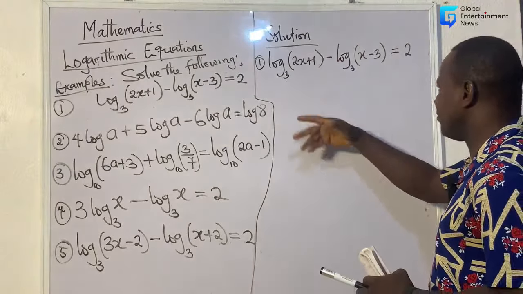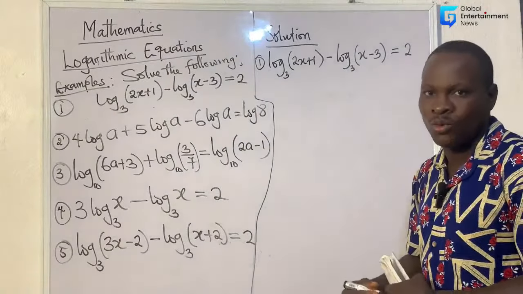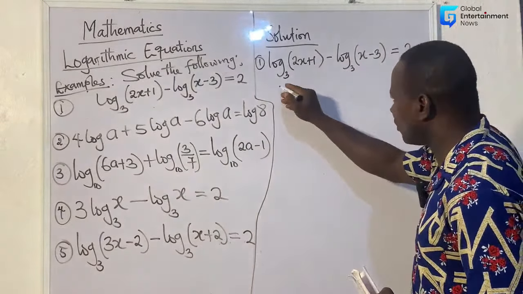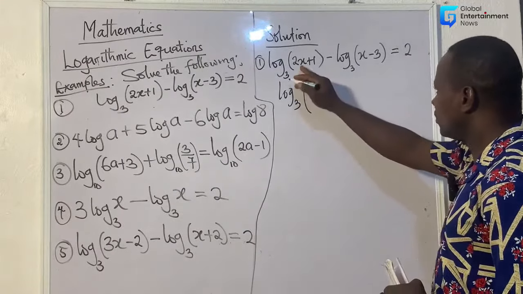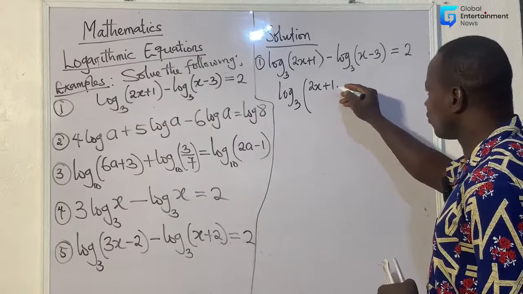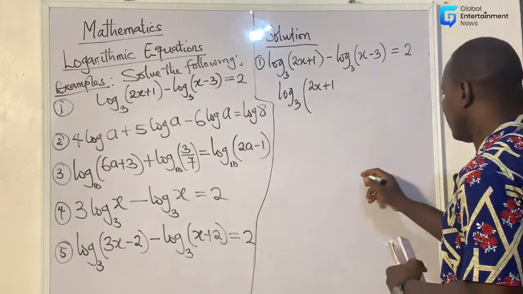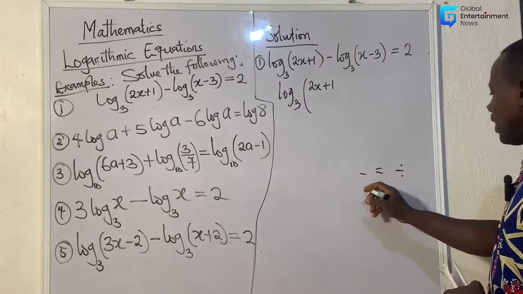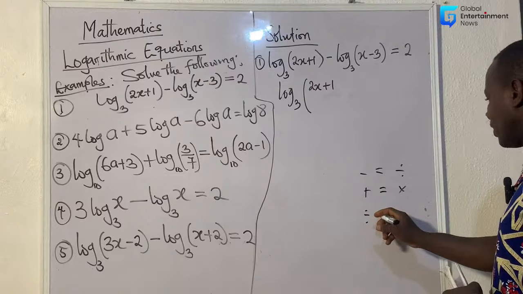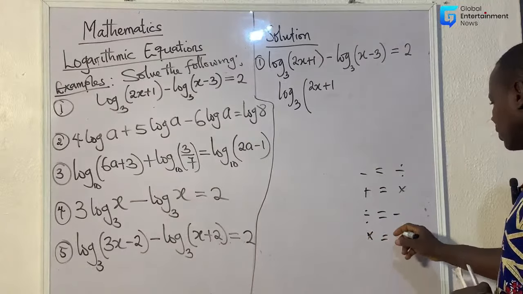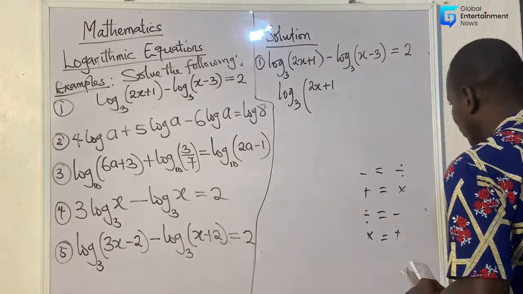So far they have the same base, so we put them inside the same bracket and turn the sign to division. This gives log base 3 of (2x plus 1) divided by (x minus 3). Minus changes to division, plus changes to multiplication, division changes to minus, and times changes to plus. You can see how the basic operation goes.